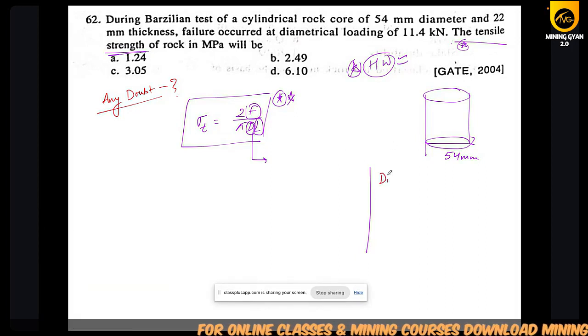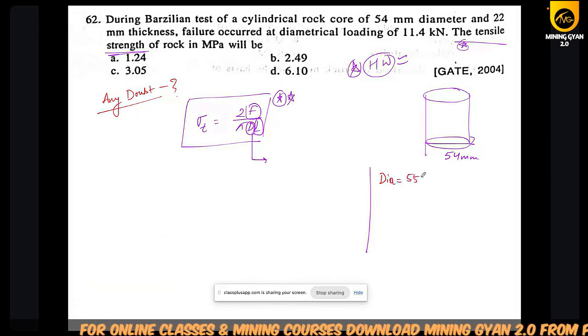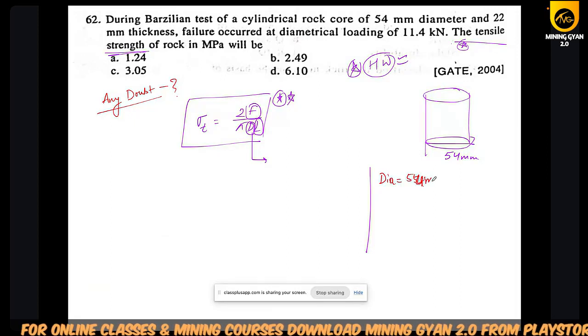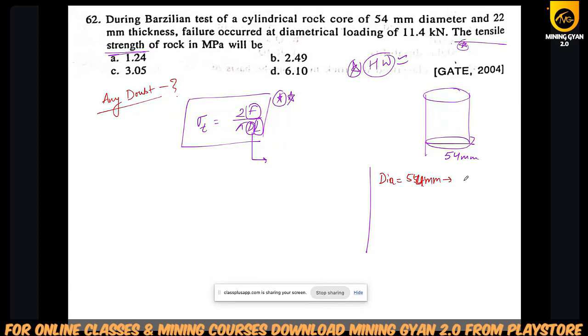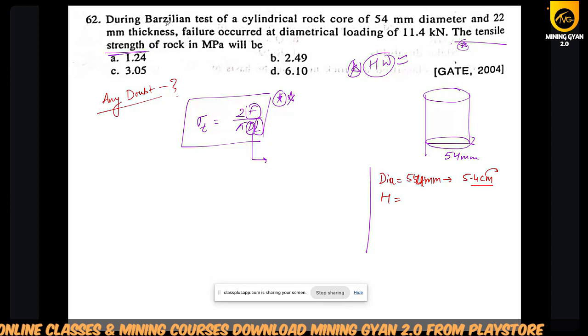So he has given us a diameter, dia is 54 mm. If I convert into centimeter, then it will be 5.4 centimeter. If you want to convert into meter, you can also do whatever way you want. And what is the height of the block?